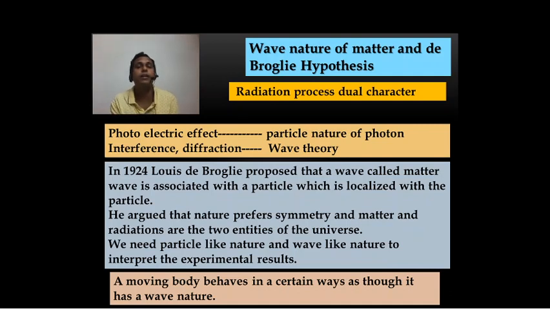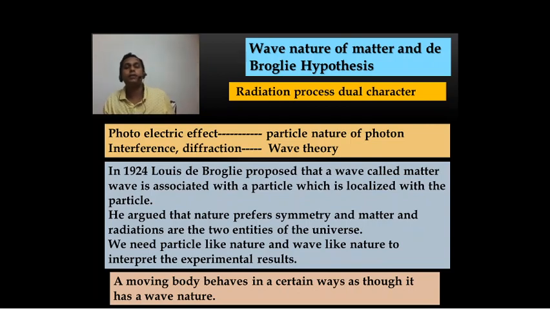Interference and diffraction can be explained with the wave theory of light, but the photoelectric effect and Compton effect could be explained with the particle nature of light, or particle nature of photon.